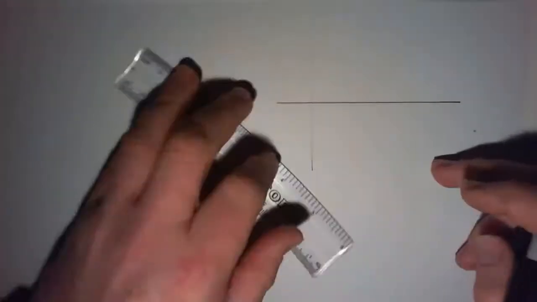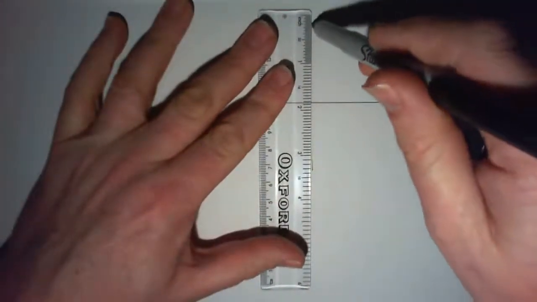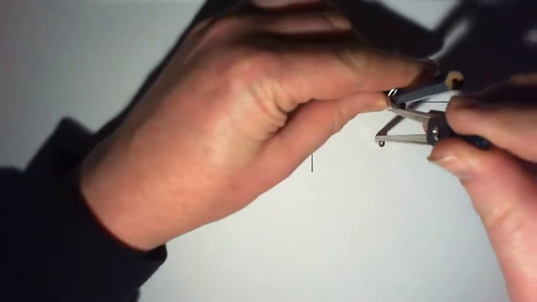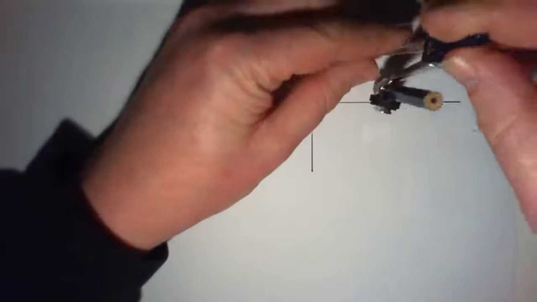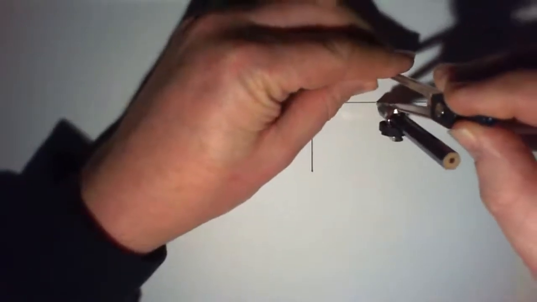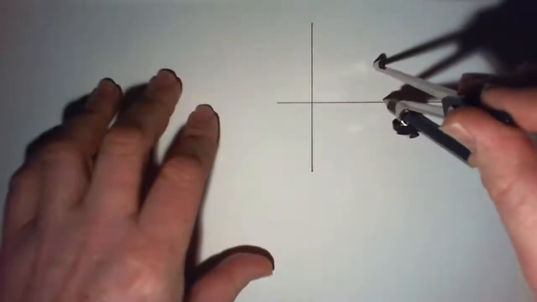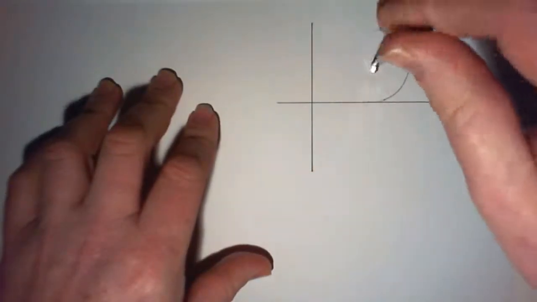Right, so we've got an XY axis here, just a very rough one drawn. I want you to have a look at the following scenarios.